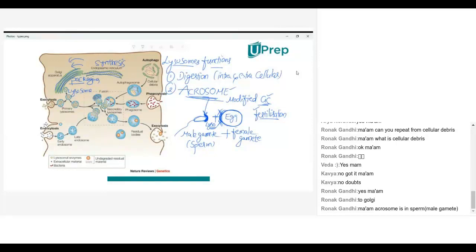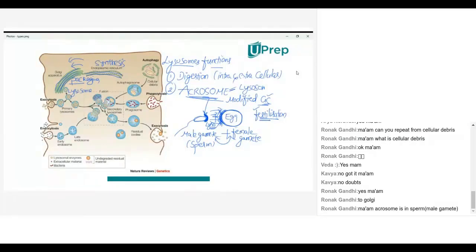Those enzymes will be released onto the egg cell membrane, and the egg cell membrane will be disrupted. Then fertilization between male and female gametes happens. So for fertilization, the acrosome functions as a lysosome.